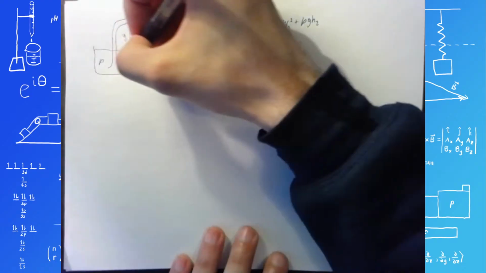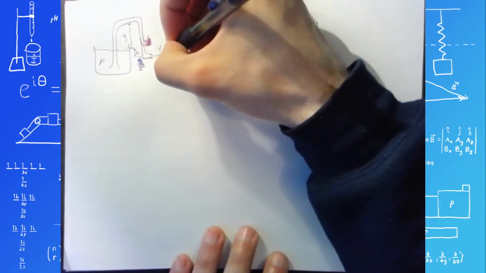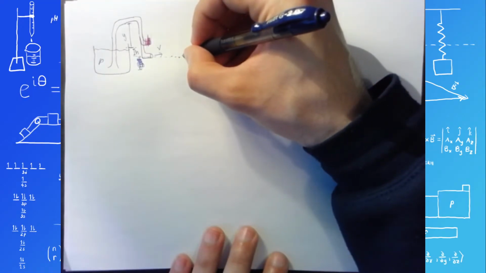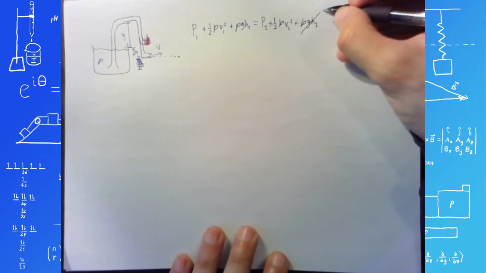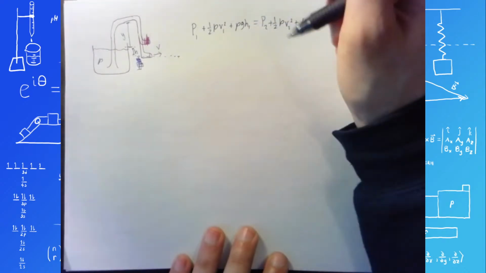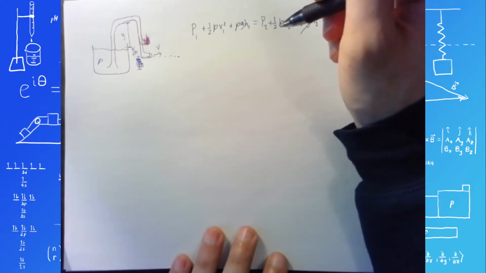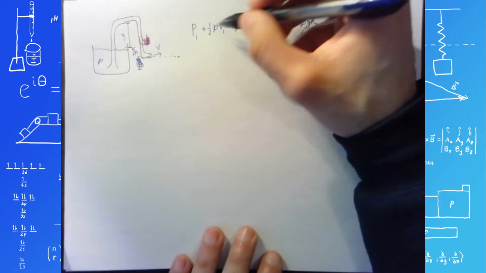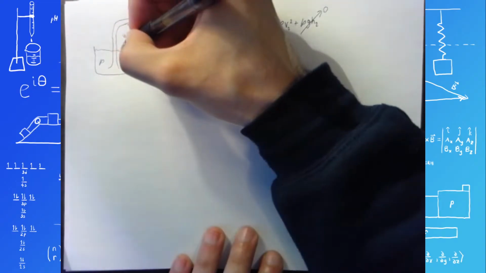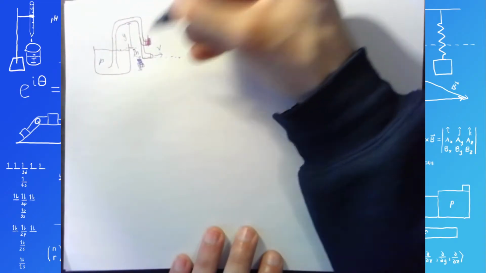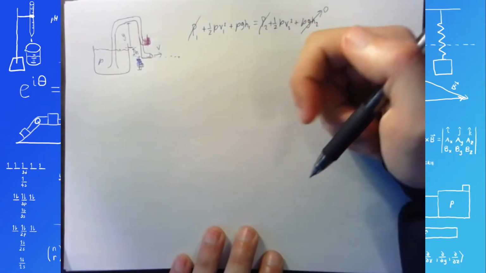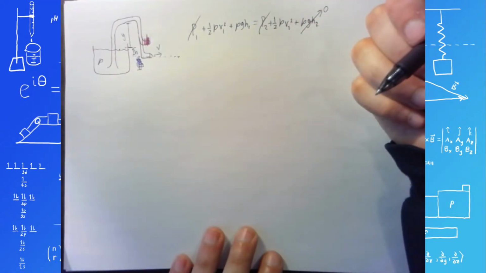So for H2, I'm going to say this is my zero line, my zero of potential energy, so that's my H equals 0. So H2 is going to be 0 because I've defined it that way. P1 and P2 are the external pressures at this point and this point. That's just atmospheric pressure, so that's going to cancel out.